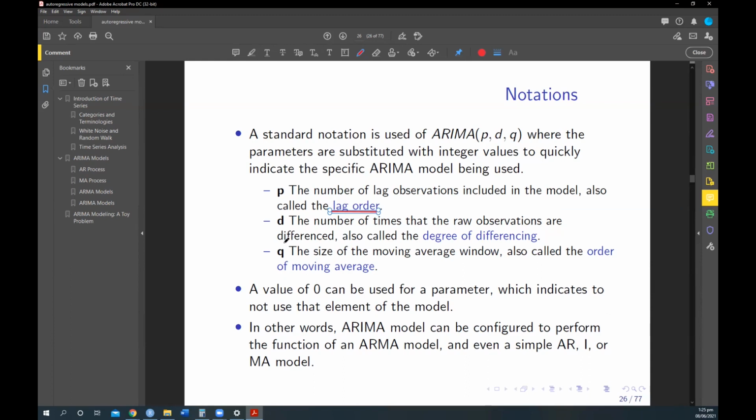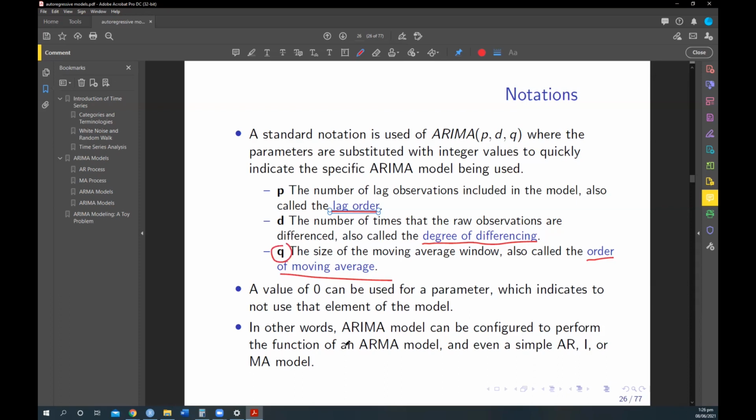As I have illustrated a while ago, you can use first order, so you just compute the first order difference, or you can apply second order, or third order. So it's just differencing the differences of the differences. How many times do you difference? That is given by the degree of differencing. And q is the size of the moving average window, also called the order of moving average. We will discuss this later.